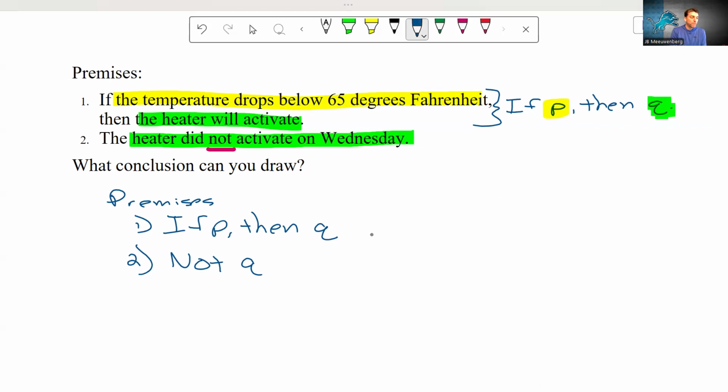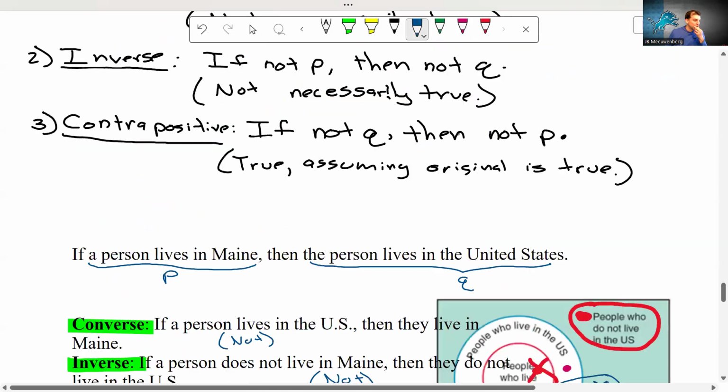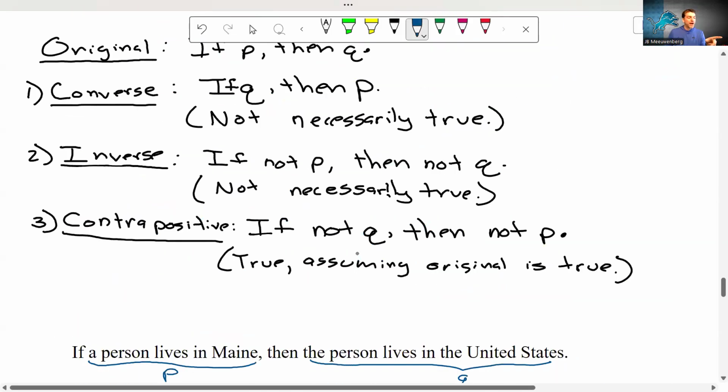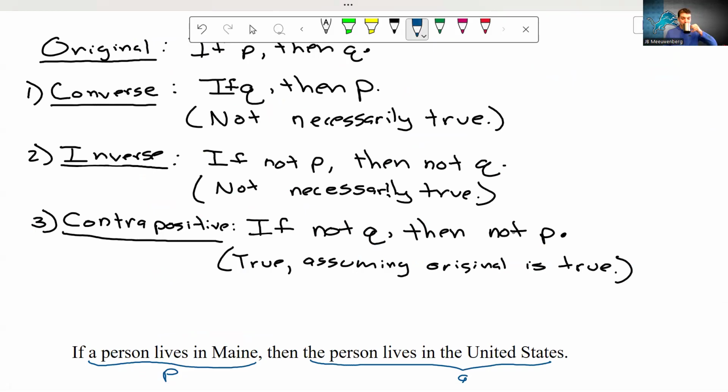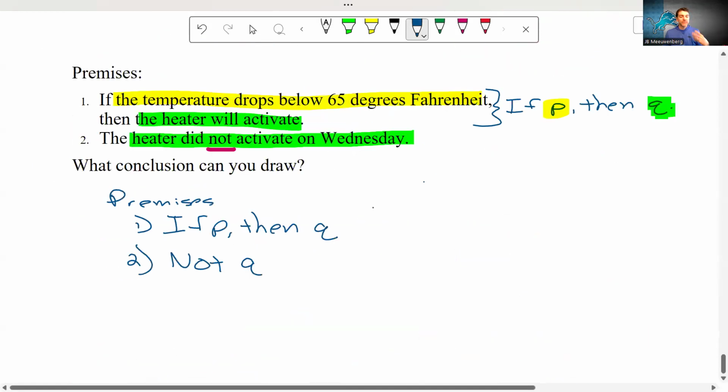Not Q. Does that look familiar? Doesn't that sort of take you back to the contrapositive? So the contrapositive, if I scroll back to where we were, said, if not Q, then not P. That's the statement, the reasoning that we're going to use here.